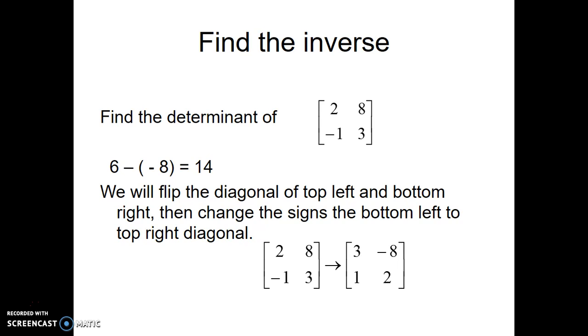Next, we flip the diagonal of the top left and bottom right numbers, then change the signs of the bottom left and top right. So we take that 2 and that 3 and switch their positions. Then we take the 8 and the -1 and change their signs. So the 8 becomes -8, and the -1 becomes +1.